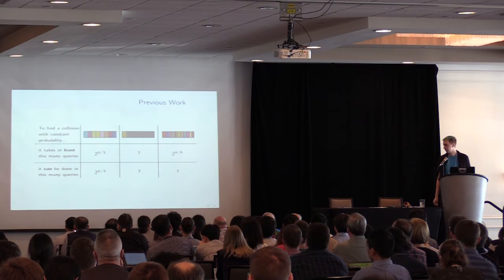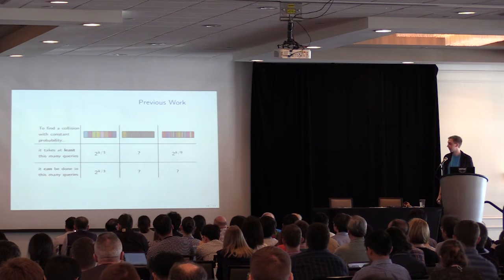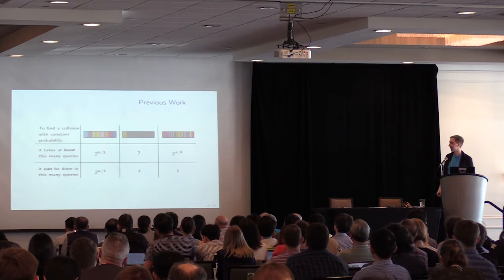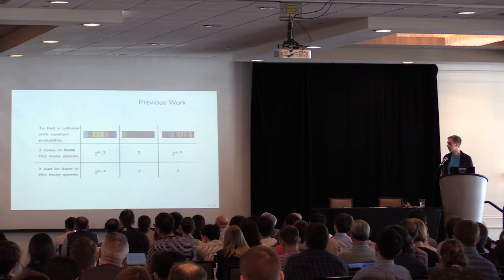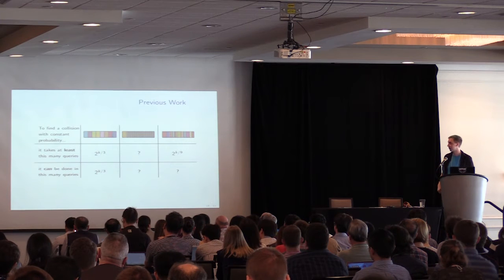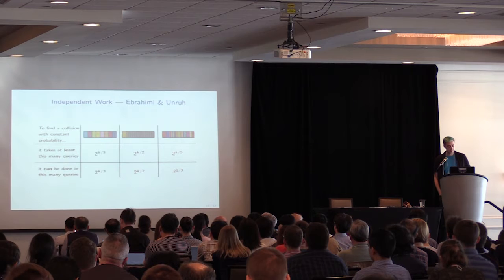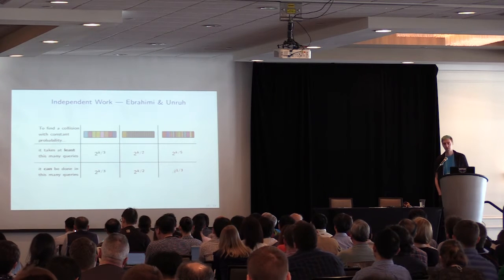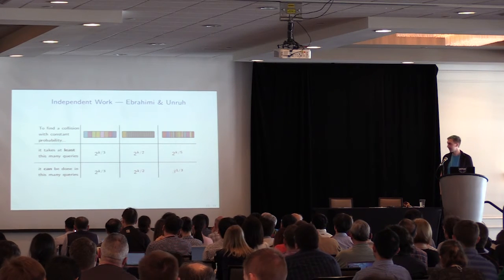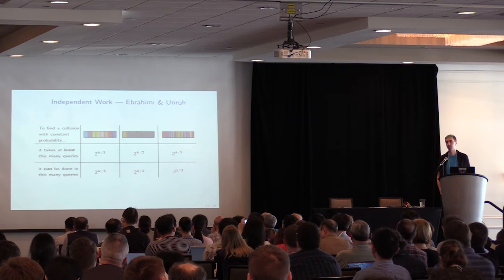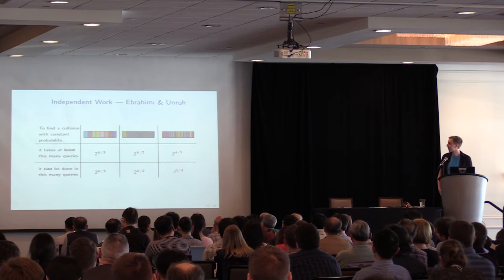In some previous work by Unruh et al., a generic min entropy k distribution was found to take at least 2 to the k over 9 queries. There was some independent work done from ours that analyzed a lot of the same problems we were trying to analyze and had a lot of similar results. So, we weren't crazy.